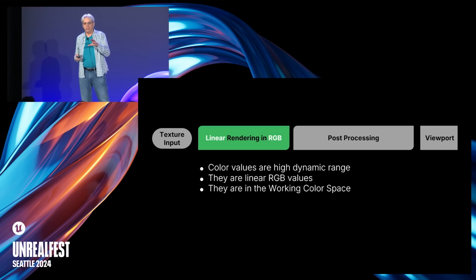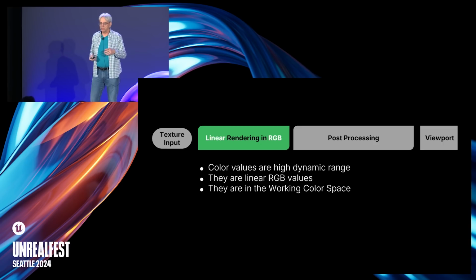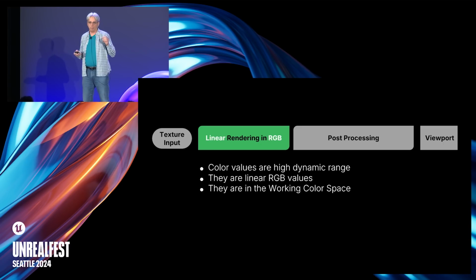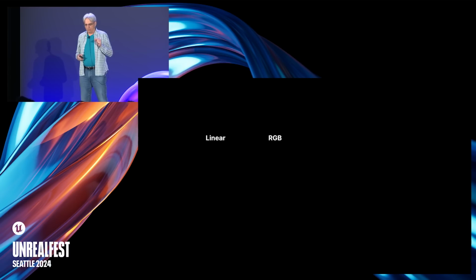Now, before we continue to the rest of the pipeline, let's talk about linear and RGB. To do that, we're going to use the next 10 minutes to do about a semester of color science. When we say linear RGB, it's telling us two important properties of the color value that we have.